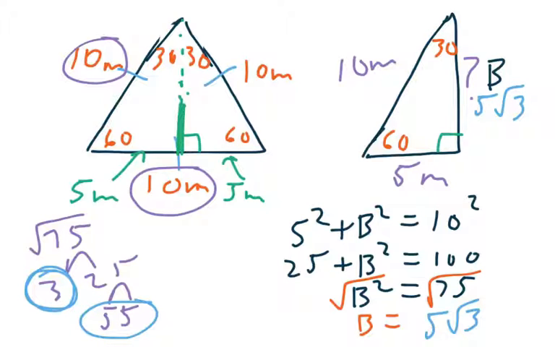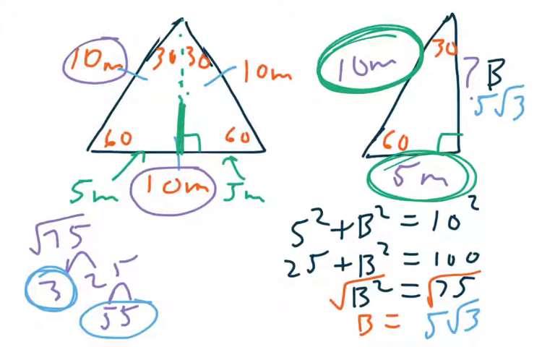Now there's a pattern involved with this, guys. I could have done this over and over again. Besides using 10 meters, I could have used 6 meters. I could have used any other dimension, and you'll end up with the same pattern, okay? What is that pattern? Well, notice the hypotenuse is always going to be double. Are you following the green here, guys?